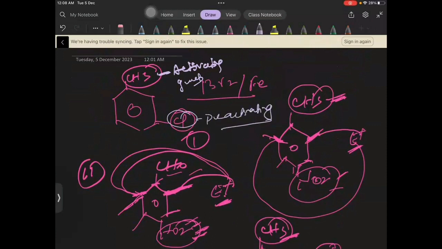According to the rule, any electrophile should attach according to the activating group. It means the bromine should attach at the para position with respect to CH3, correct? But that's not true. Why? Because CH3 is an activating group, yes, correct, and chlorine is a deactivating group.